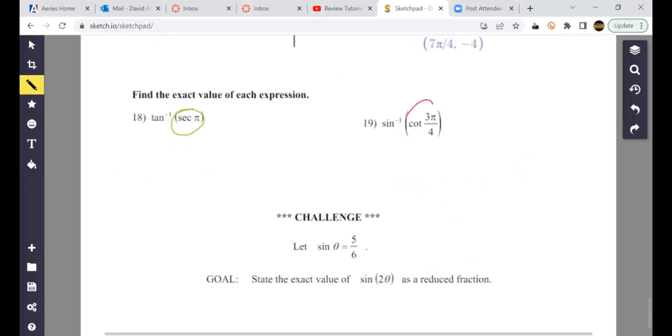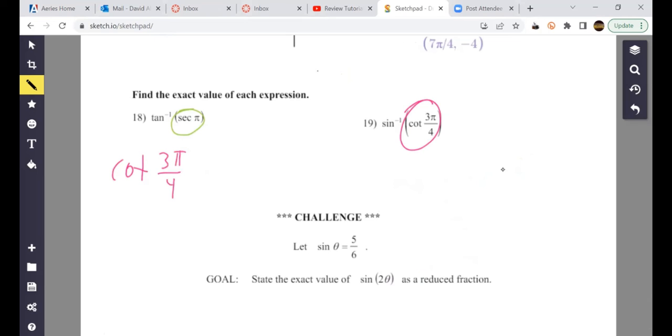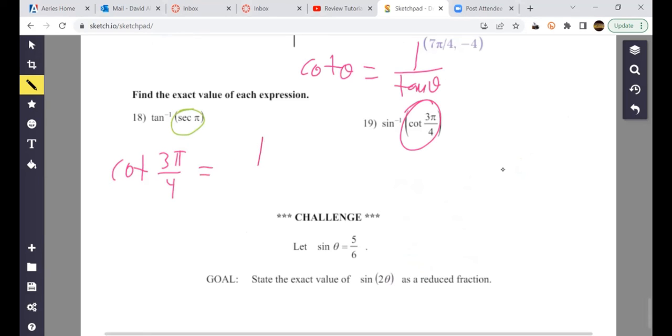Now for number 19, let's do the inside first. So the cotangent of 3 pi over 4. Well, remember that cotangent is the same as 1 over tangent. So let's rewrite this as 1 over tangent 3 pi fourths. I did this because my calculator, which I have in my hand, has a tangent button.